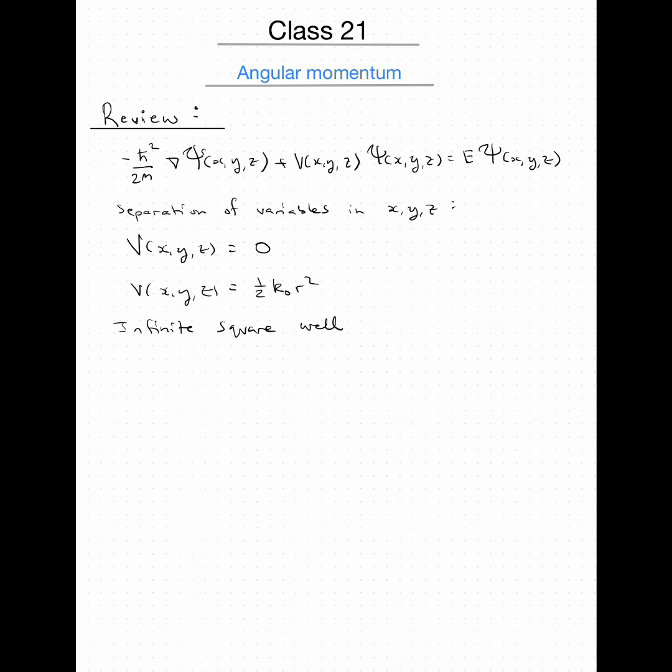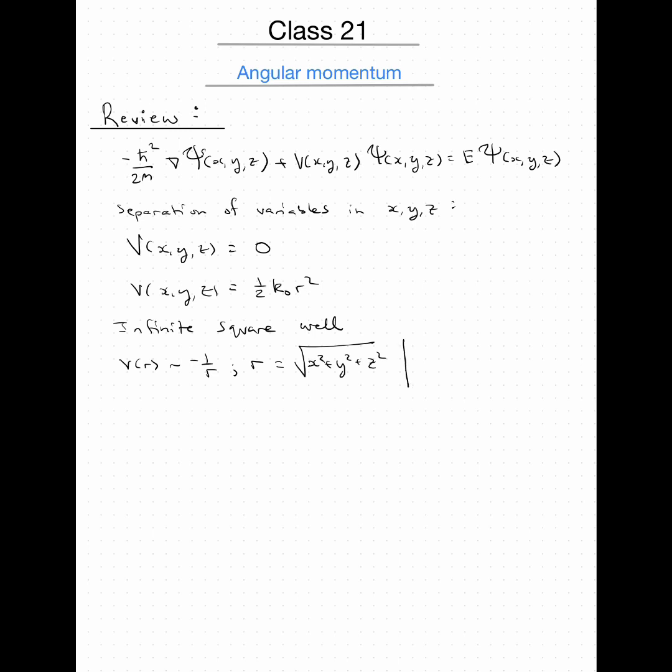And I think we introduced last time also the idea of this Coulomb potential, 1 over r, where r is the square root of x squared plus y squared plus z squared.